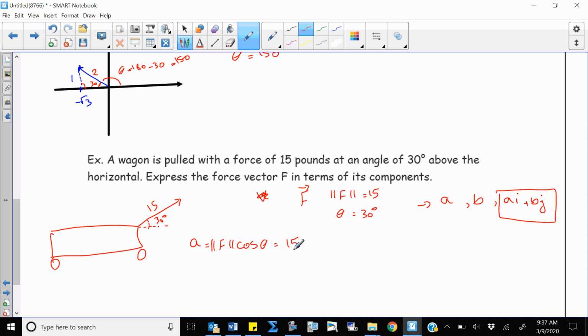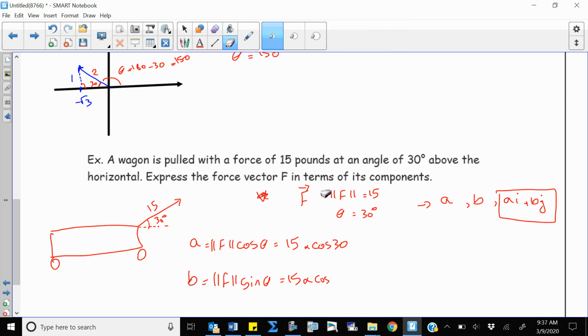The magnitude is 15 and cosine of 30 goes here. And b is magnitude of f times sine of theta. 15 times sine of theta, which is 30 here.